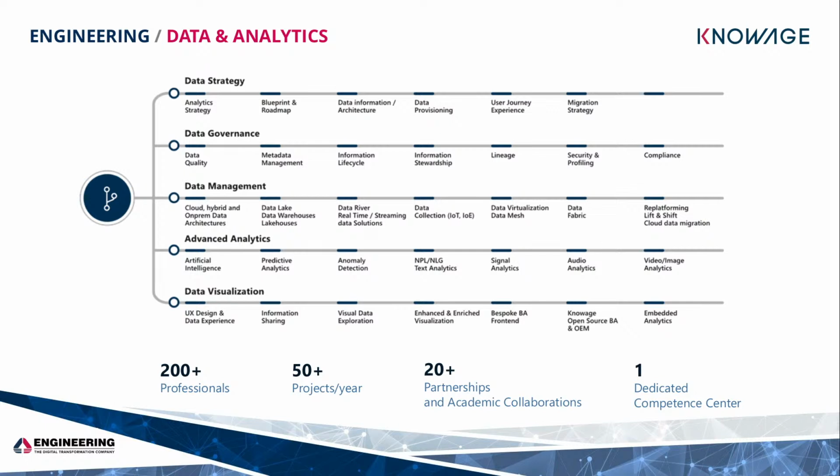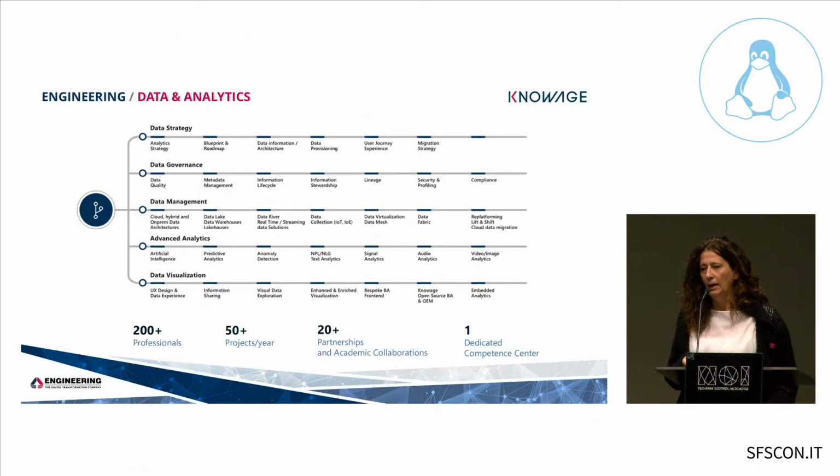So we work on data architecture up to data processing using traditional or advanced models and analytics. We build a lot of machine learning and artificial intelligence models, and we close the chain, providing end-to-end solutions with the data visualization capabilities of sometimes Knowage, sometimes other market tools we have, so as to build effective solutions.